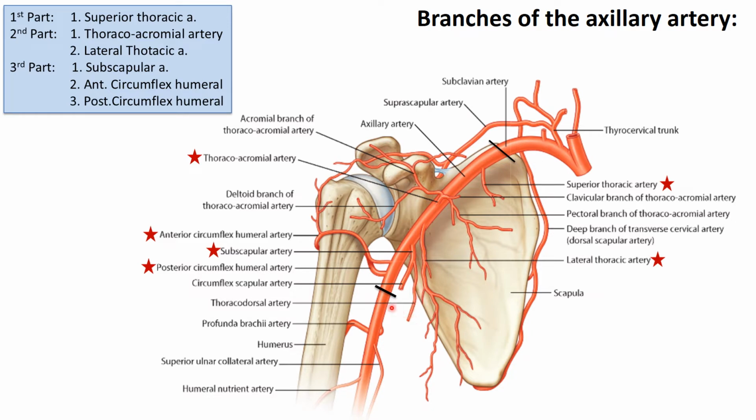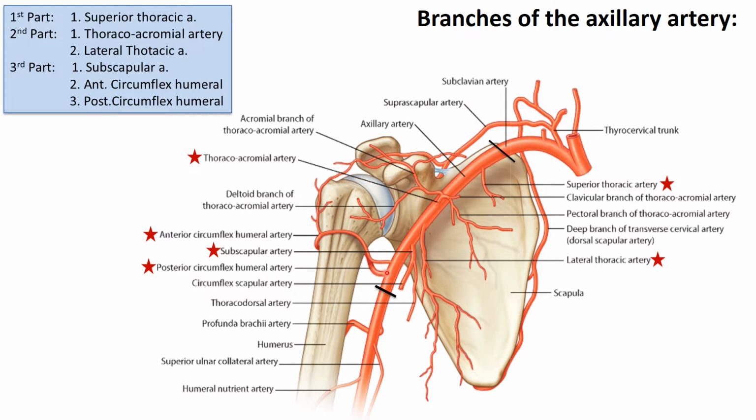And then two other branches, they go either anterior to the head of the humerus or posterior to the head of the humerus. They go around the surgical neck of the humerus. Okay, the one in the anterior direction is called the anterior circumflex humeral artery, this one. And the relatively bigger one is the posterior circumflex humeral.